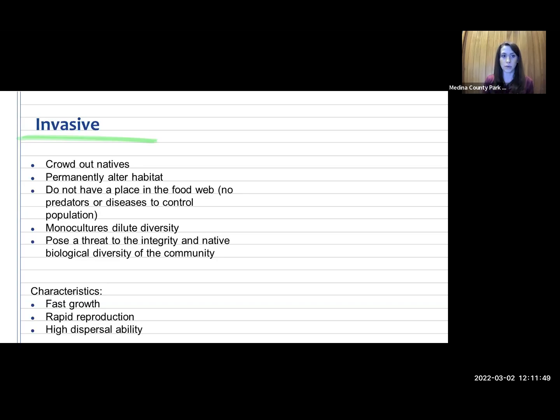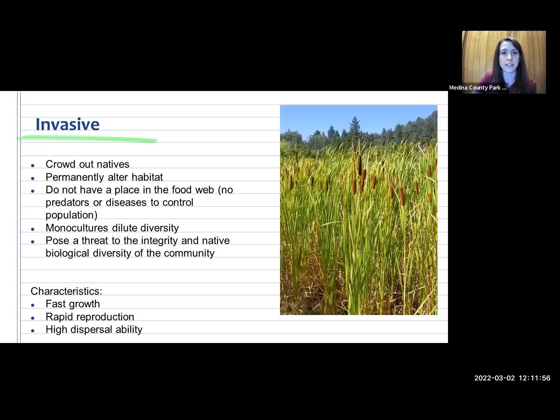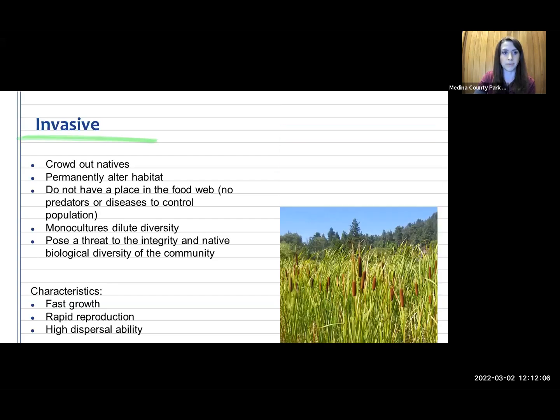So fast growth, rapid reproduction, and very high dispersal rates. All right, so cattail stand is our little example here. I'm sure when you've been driving around, you've seen that they crowd out. They become so thick that they're hard to see through.